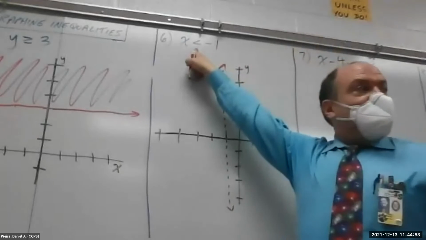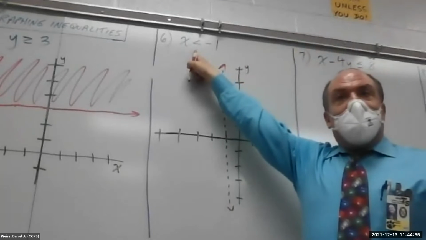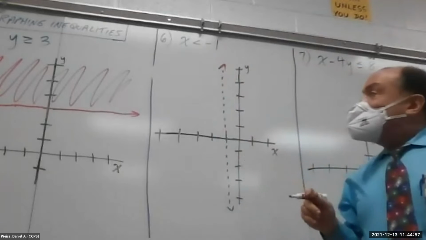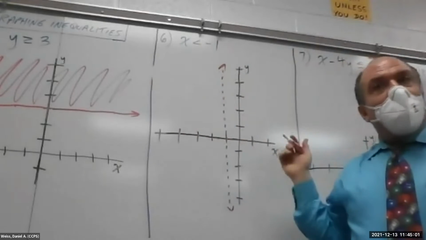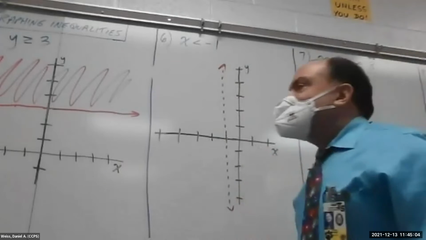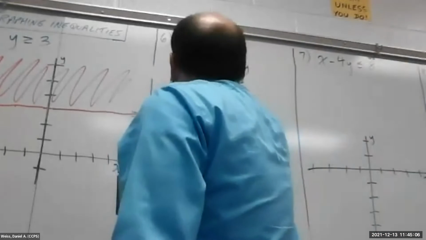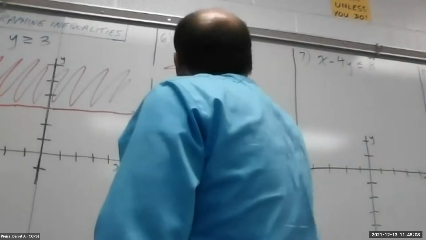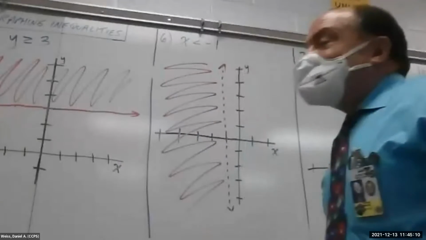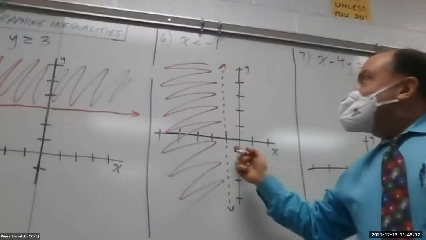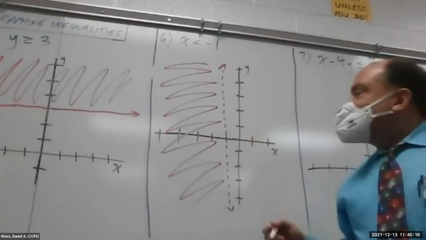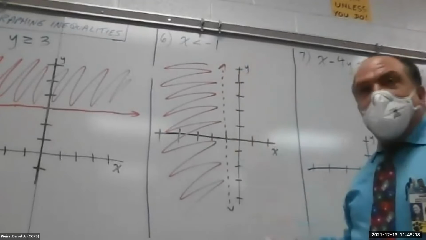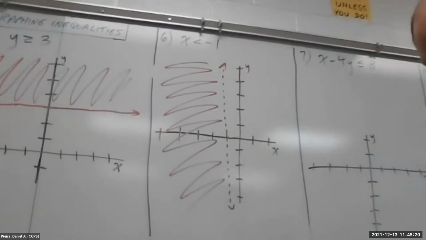Because it's not equal to. It's just less than. Because it's less than, am I going to shade to the left or to the right? To the left. That is x is less than negative 1, not equal to. If it was equal to, it would be a solid line. Okay.